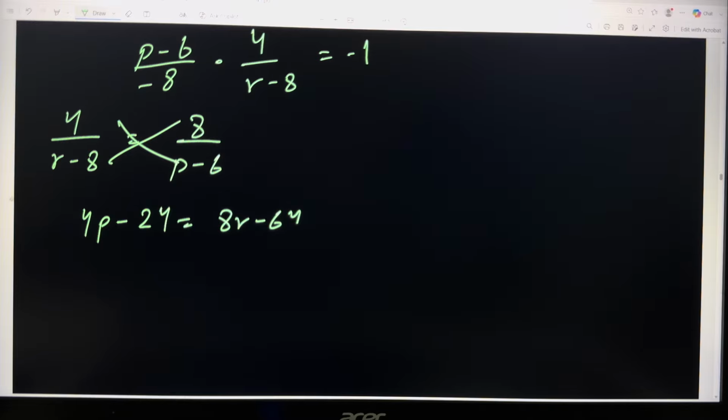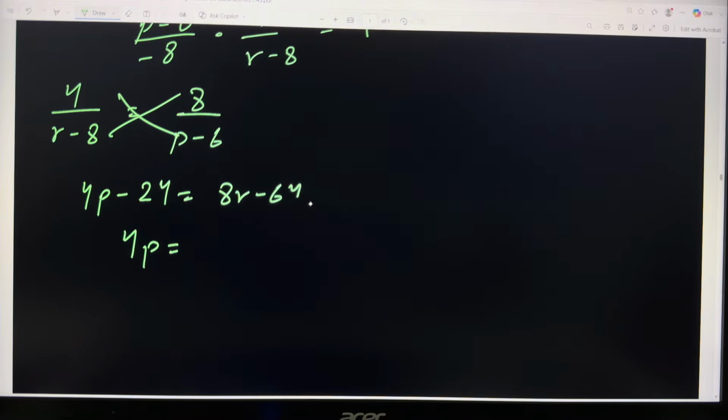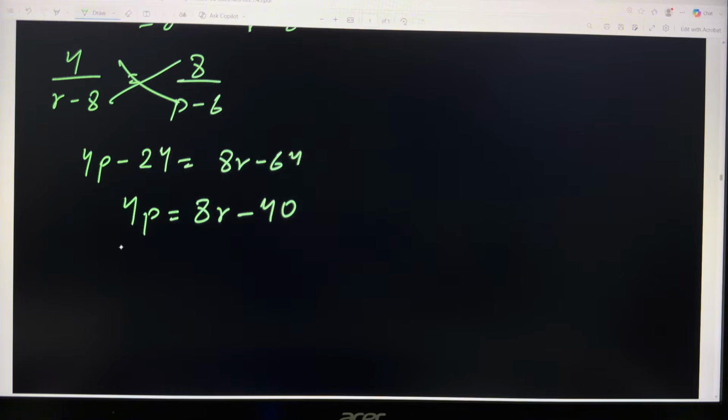It's said to find p is equal to 2r minus 10. So we will make p the subject. So 4p is equal to minus 24 goes there, it becomes positive 24. So this will become plus 24 and then minus 64, so 8r minus 40. Then we'll just take the 4 to the other side.